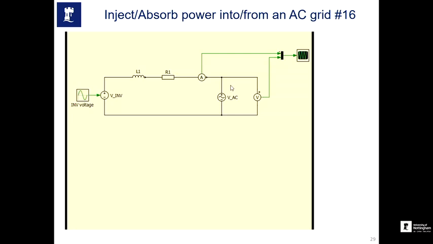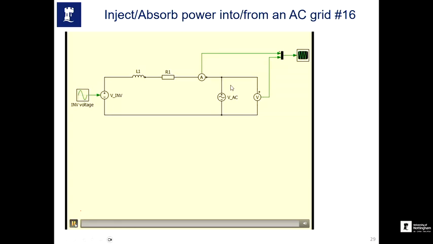Then we will change this inverter voltage. First we will change the magnitude of the inverter voltage, and then we'll change its phase, and see how the current changes when you change V inverter. So let's try to run this. I hope it will run. It was running on my computer.